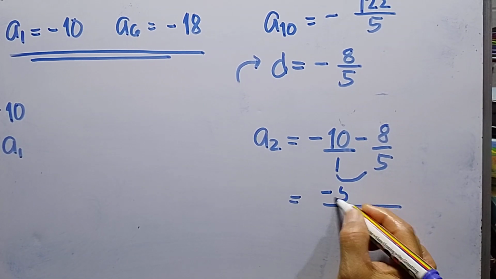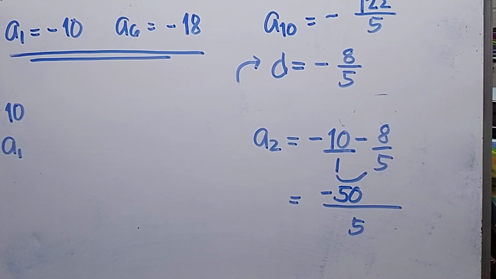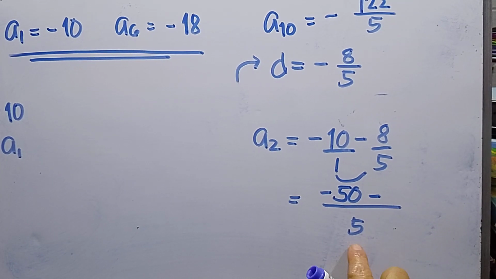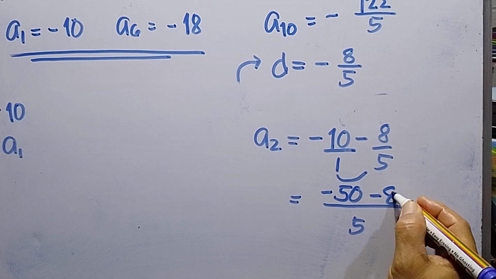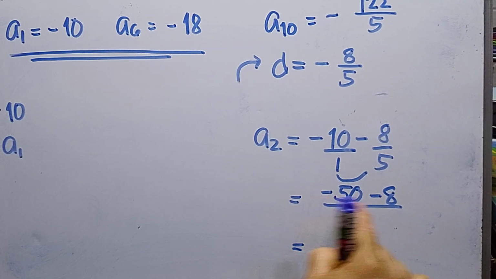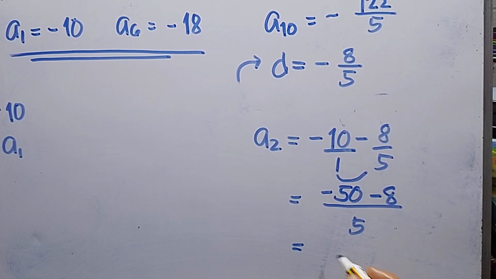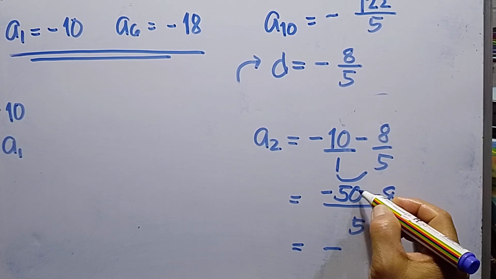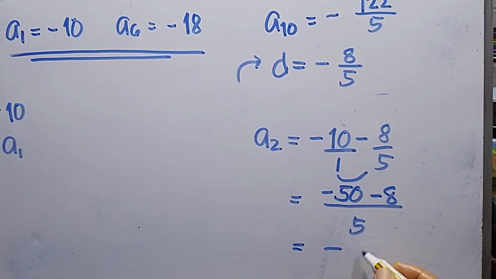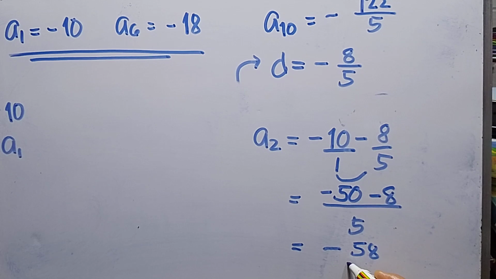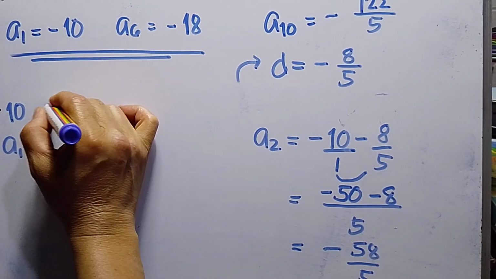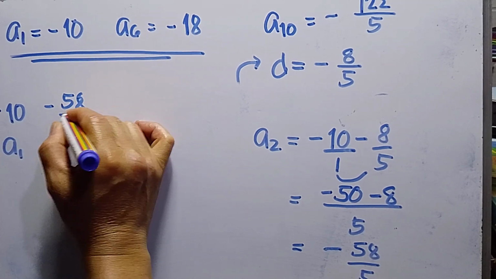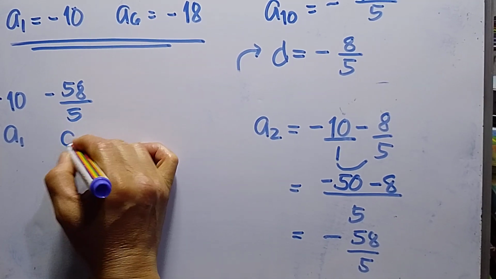This is negative 50. Minus 5 divided by 5 is 1 times 8. This is 8. Since these are like signs, I will put negative and then add 50 and 8. This will be negative 58 over 5. So my second term will be negative 58 over 5. This is my A sub 2.